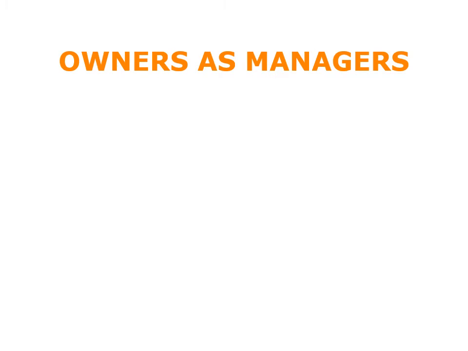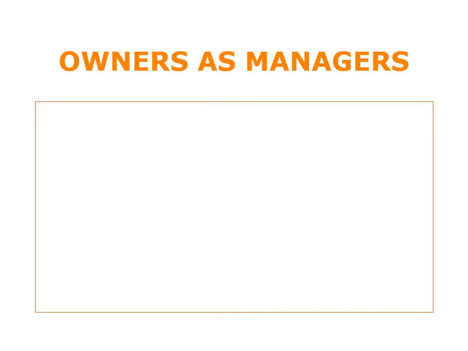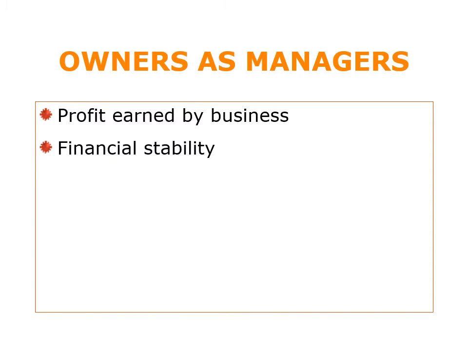So the owners as managers need accounting data to identify what profit has been earned by the business, how well the business has been run to make the profit, and to identify whether the business has financial stability. Financial stability means that the business will continue in the future.